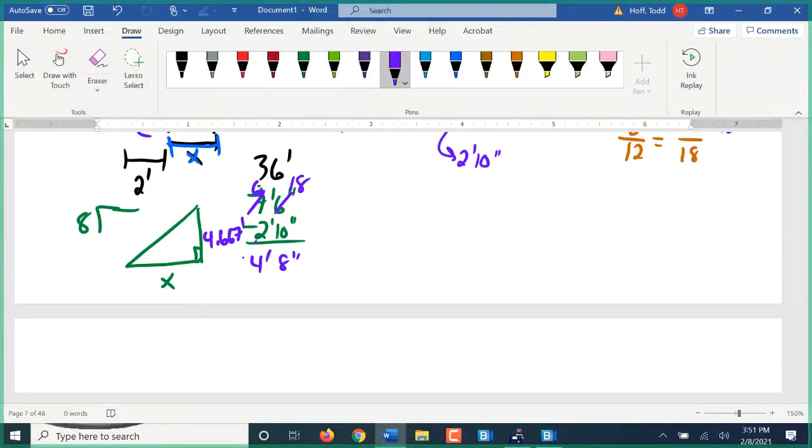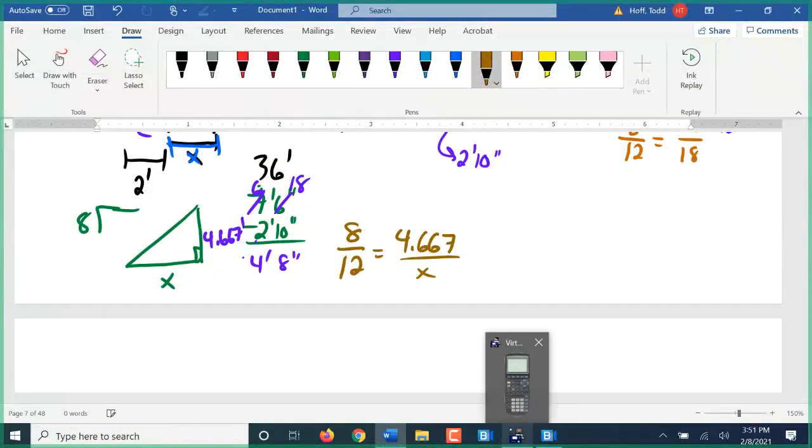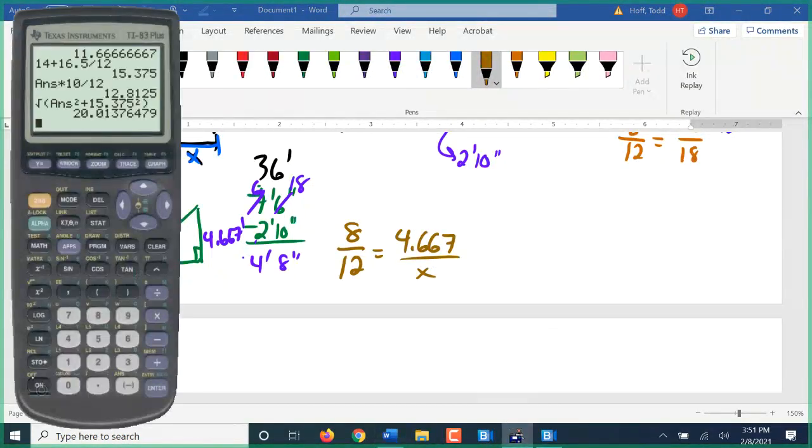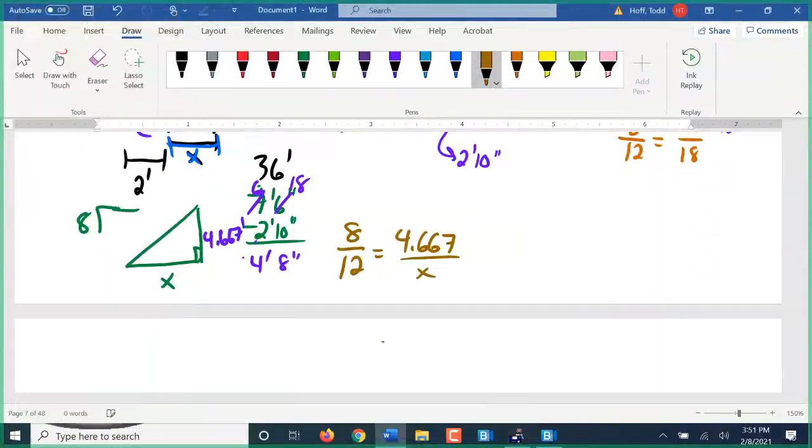So X can be found: 8 over 12 equals 4.667 over X. 4.66666 times 12 divided by 8, 7 feet.